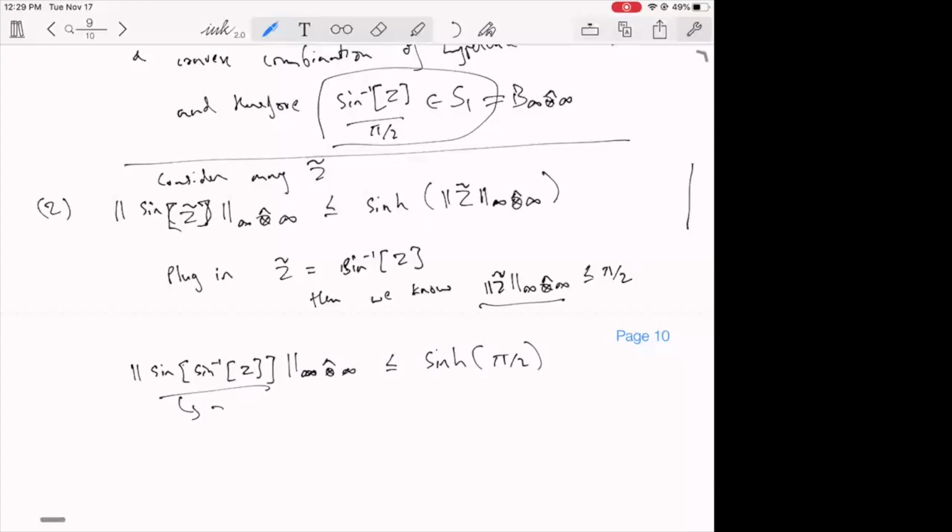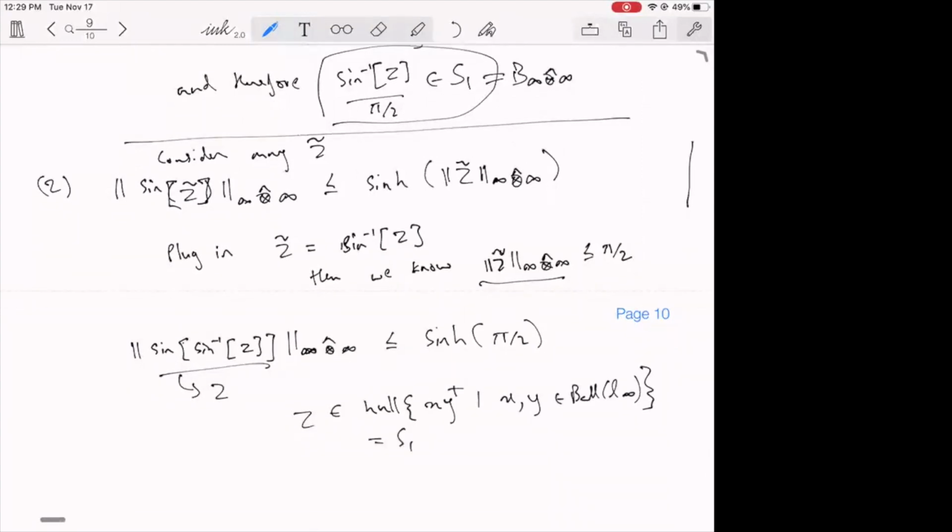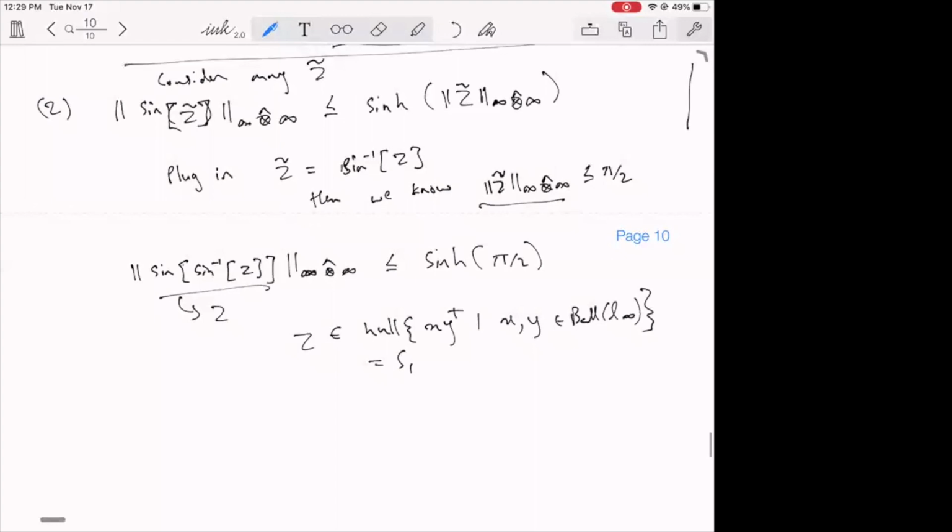But this is just equal to Z. So we have proved that Z is in the ball of the projective tensor norm, which in other words, just to describe it again as I did earlier, is the hull of xy transpose such that x, y belong to the ball of L infinity, that is the hypercube, which in other words is S1. So if we prove 2, we are done.